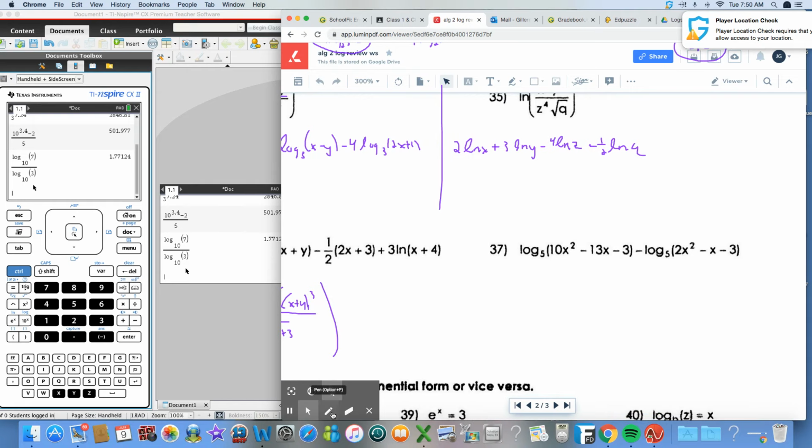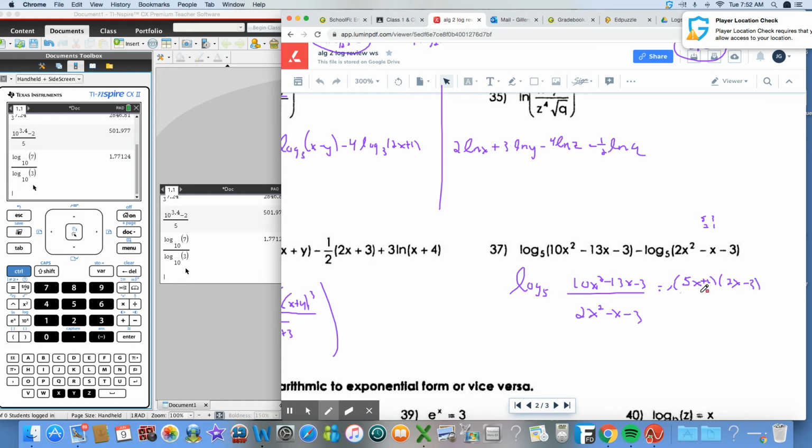All right. For this one, so we have log base 5 of 10x squared minus 13x minus 3 over 2x squared minus x minus 3. All right, so this does factor. So you would have to factor that to 5x plus 1, and I think that's 2x minus 3.